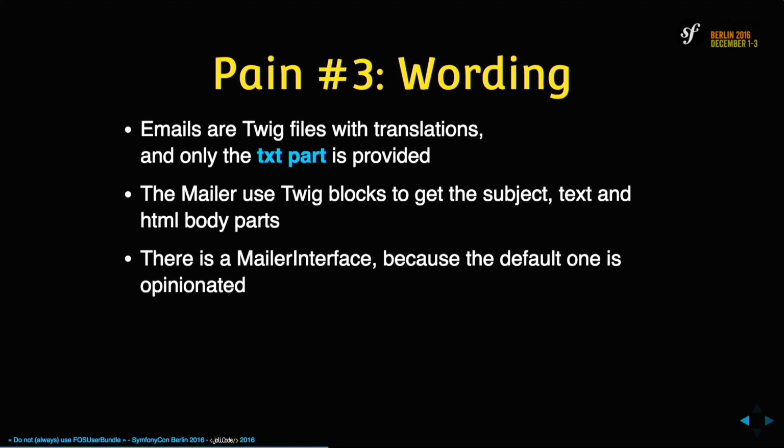About the emails too, they are done in Twig files, and there is a mailer interface provided by the bundle. The mailer provided uses Twig blocks to get the subject, the text part, and the HTML part of the email. The HTML part of it is not provided, obviously. So you just have plain text email by default.